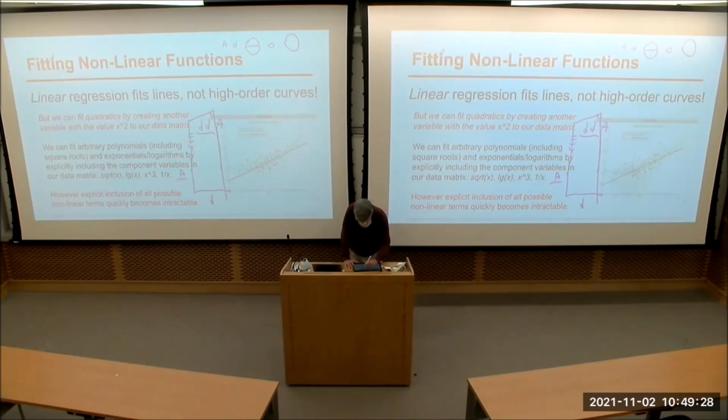What I'm claiming is, if I have an n by k data matrix, I can always add more columns to it. And now I try to fit the best fitting line going through the data, where I have the original columns plus the extra columns that I add.